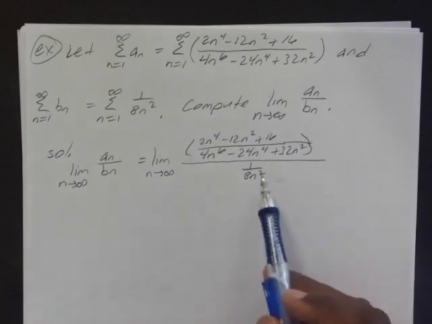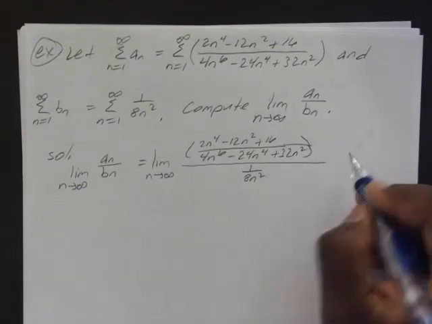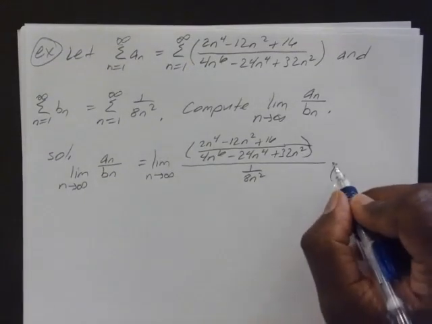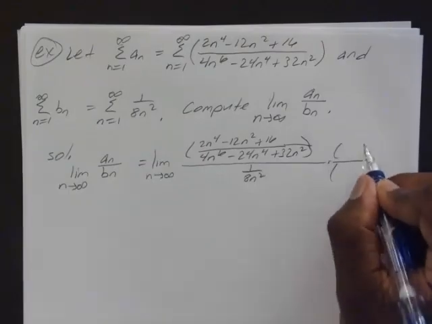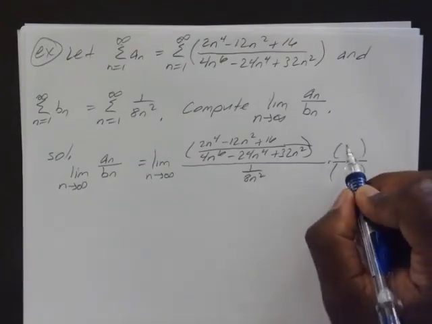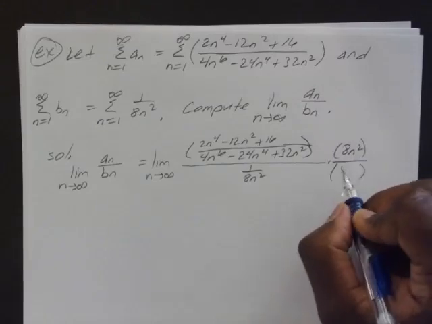So of course, first thing we want to do, get rid of that fraction in our denominator. So we multiply the numerator and denominator by its reciprocal. So we'll multiply them both by 8n squared.